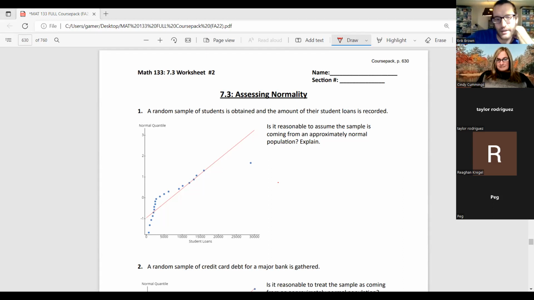They're the same thing, and it's going to take like 2 seconds. Let me just make sure I got the right one. 7.3, number 2. This is for Eric. We go back and do 7.1 as well.